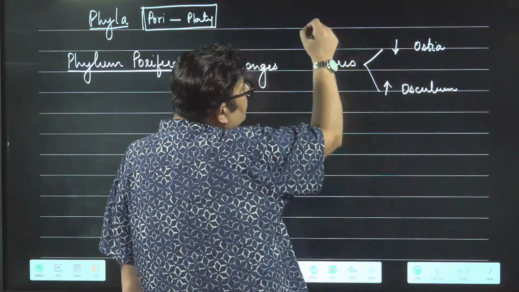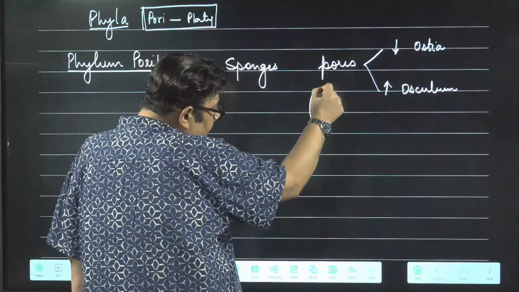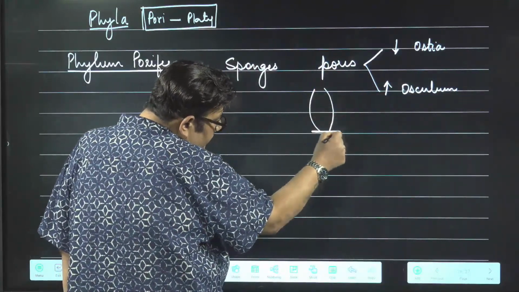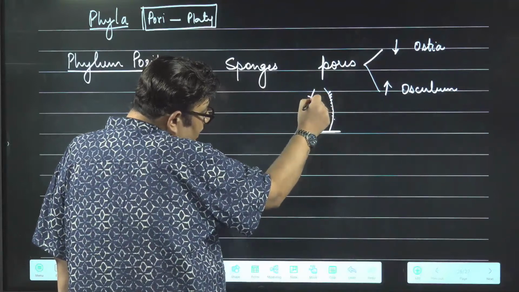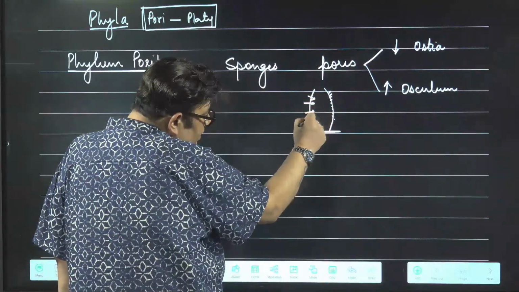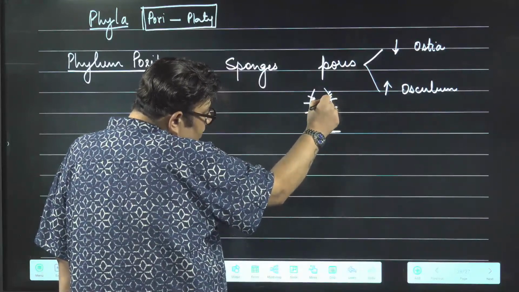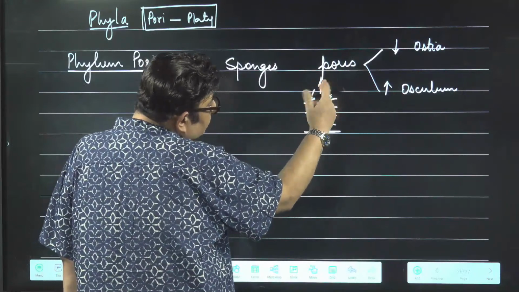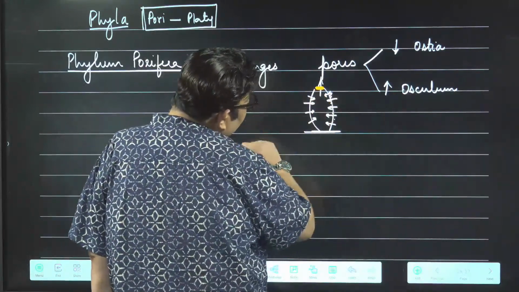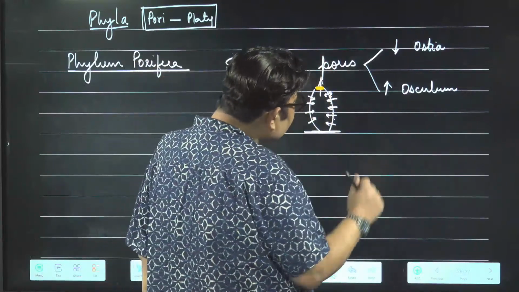So the design is somewhat like this. There are many ostia like this. The water is coming inside through these ostia. Actually, the name is ostium for one, but the plural becomes ostia. And there is one pore here through which the water is going out, and that one is the osculum.